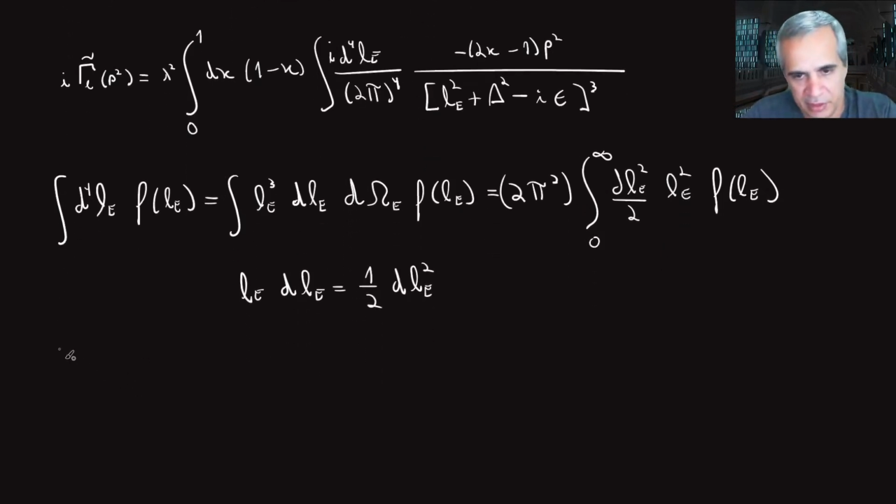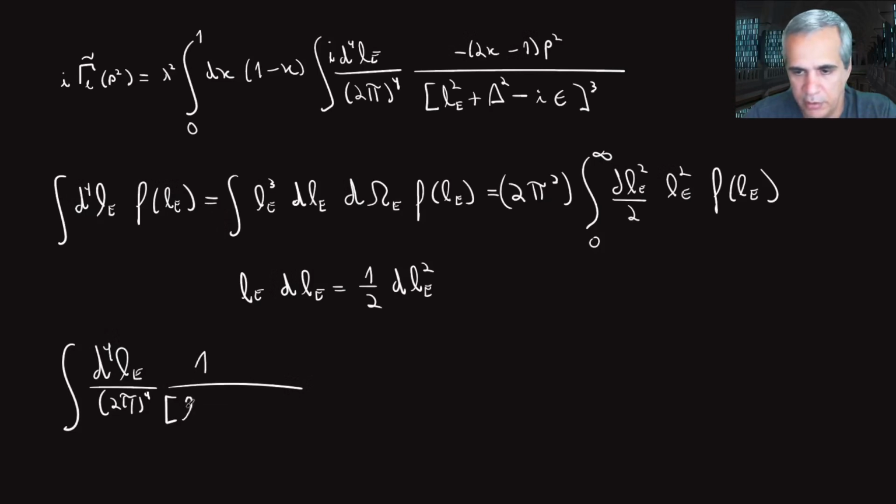Now I just have to exchange this f by the proper thing here and rewrite an integral that I'll use again and again, which is, let me write it in full here. So what I'm saying is that the integral of d^4L_E over (2π)^4 of 1 over L_E squared plus delta squared minus iε cubed is equal to 1 over 8π squared.